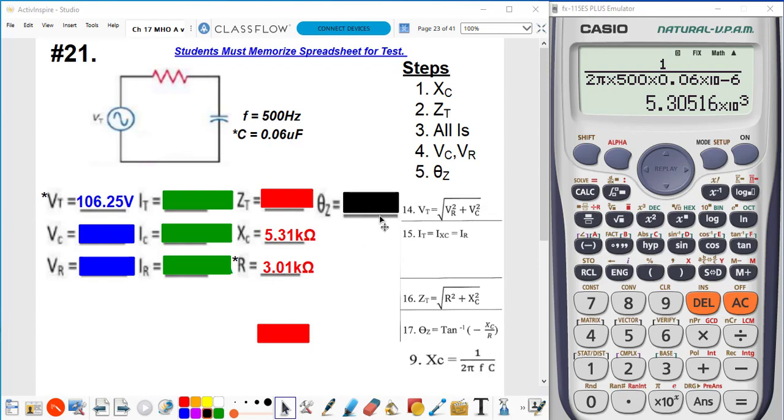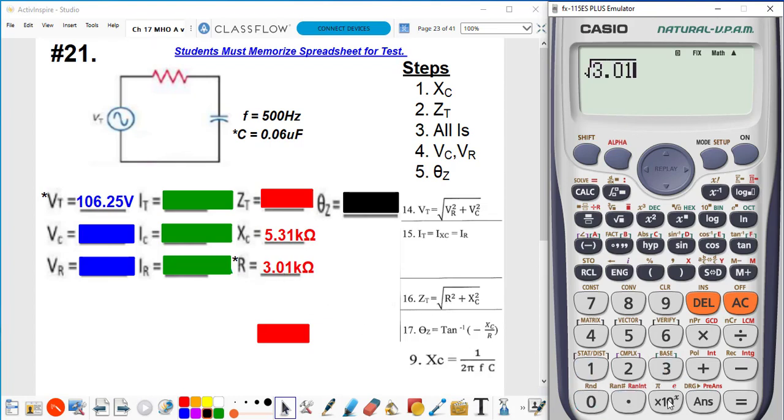Alright, my next step, I'm going to calculate my ZT using formula number 16. So I'm going to open square root first. I'm going to punch in my resistance value of 3.01 times 10 to the third, and square that number, plus my XC value of 5.31 times 10 to the third, and I'm going to square that number.